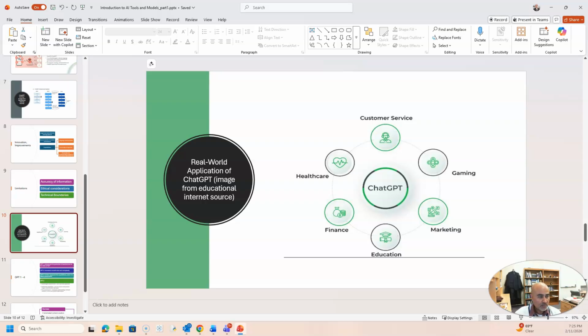It's been used from enhancing educational experiences to streamlining customer service and generating creativity and innovation in content creation. ChatGPT is really redefining how businesses and sectors are leveraging AI.